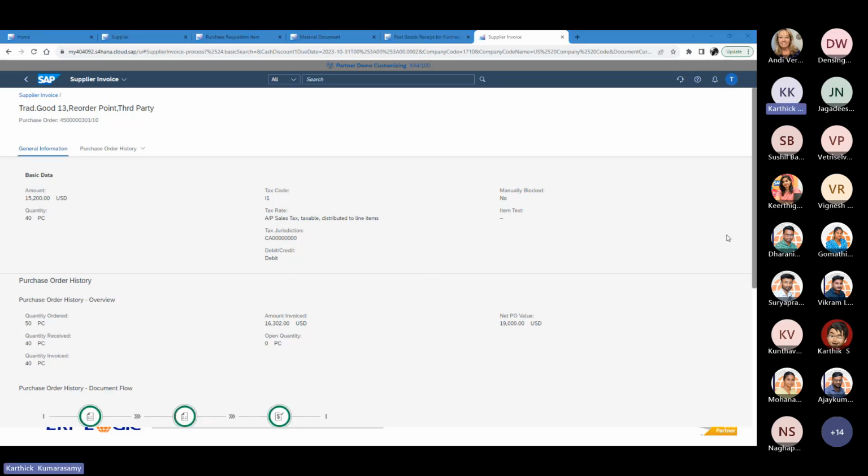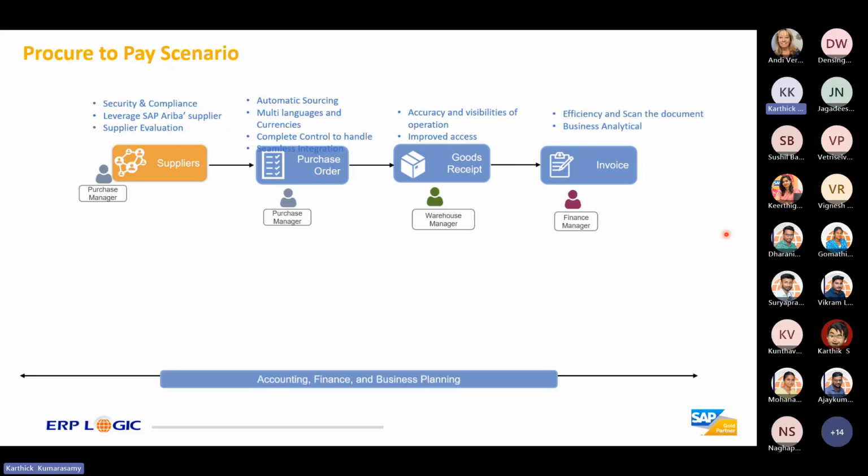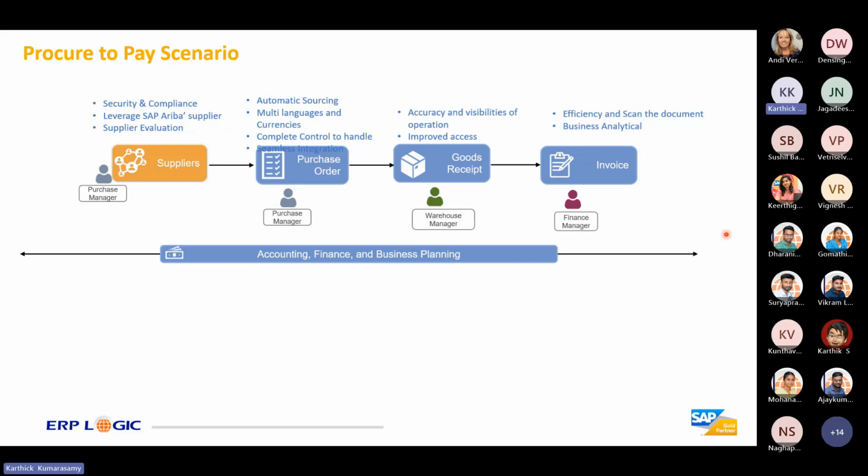Let's go back to the presentation. So here is efficiency, and we can scan the documents, and it has been linked with business analytics. And as mentioned, this will be the complete suite. It comes with end-to-end business processes. It has been integrated seamlessly with accounting, with the suppliers and the purchasing documents.